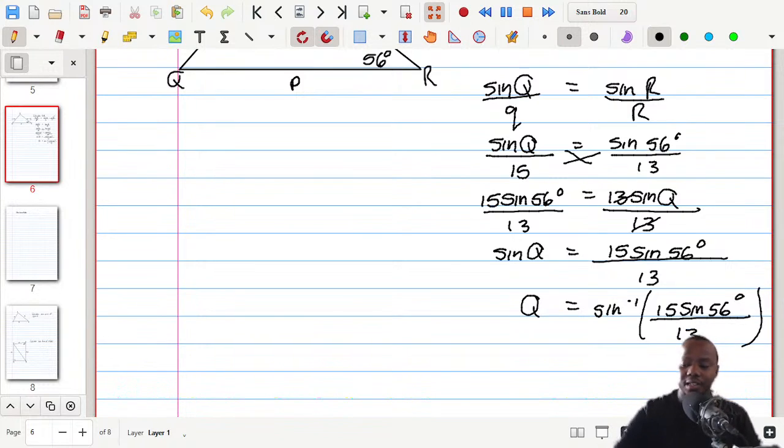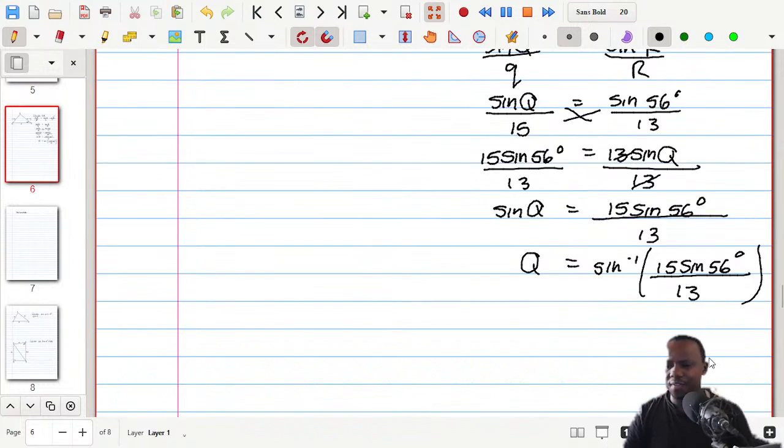Now, I'm actually going to type this into the calculator because I'm interested in what the answer is, because we still need to use this answer in the next step of the calculation where we need to calculate what the value of QR is. So when I type this into my calculator, I get a math error.